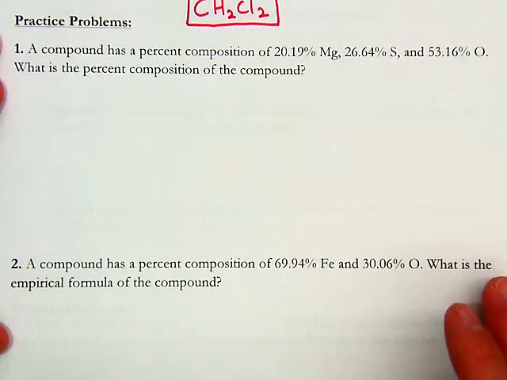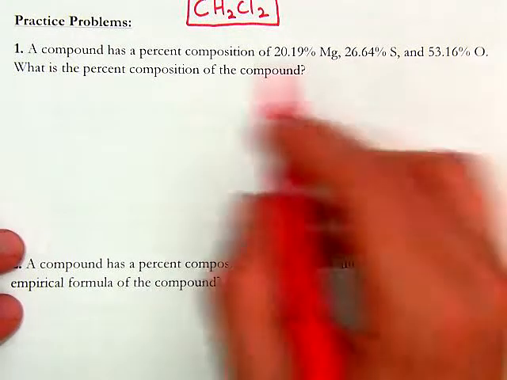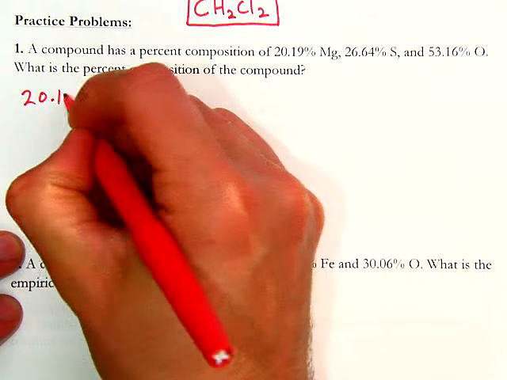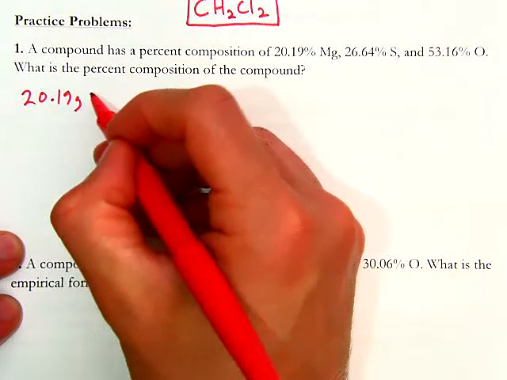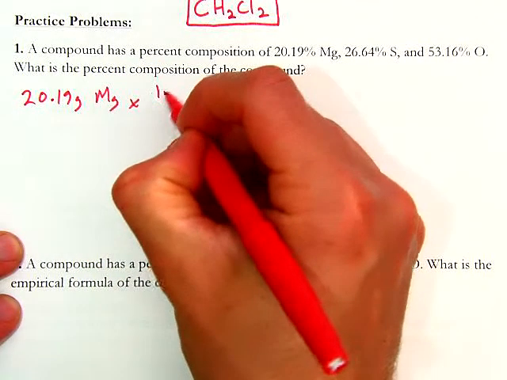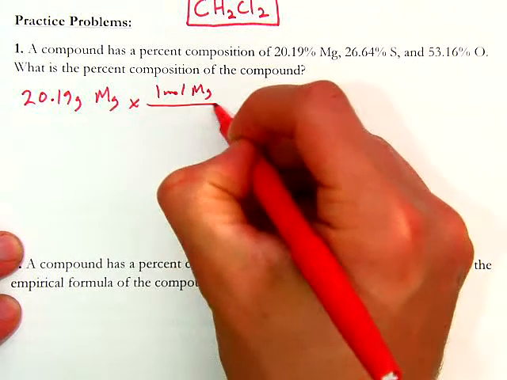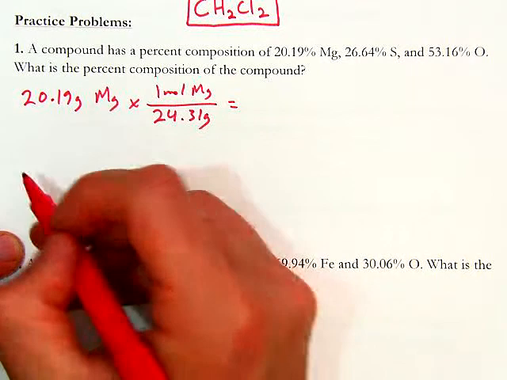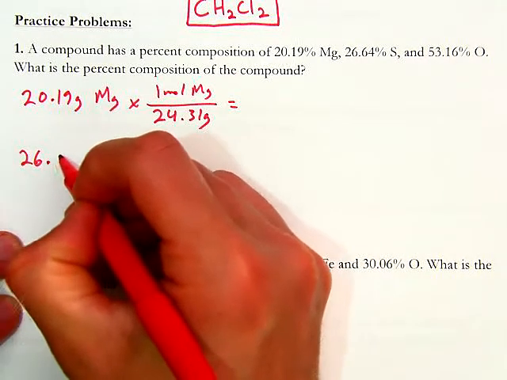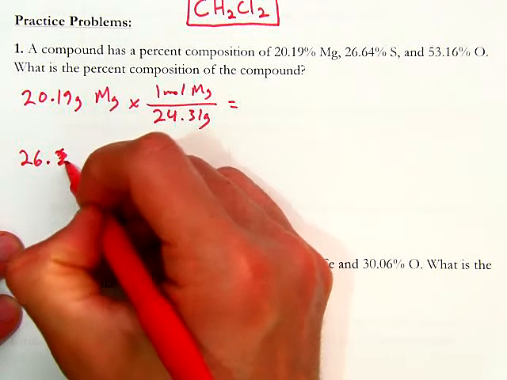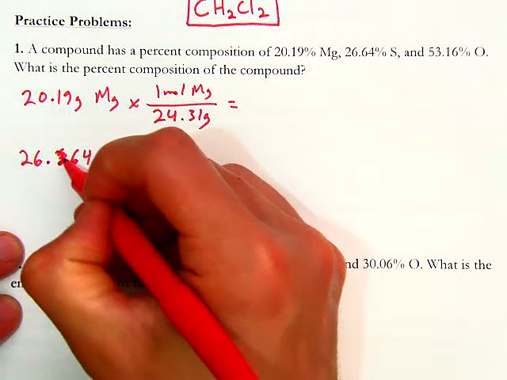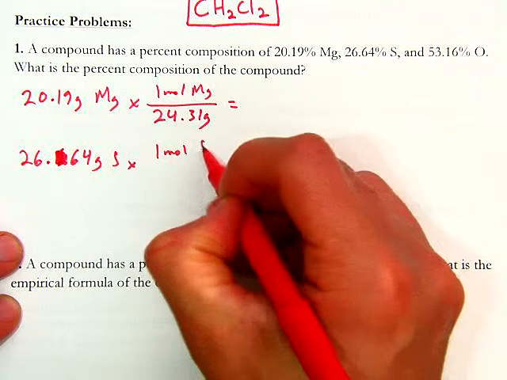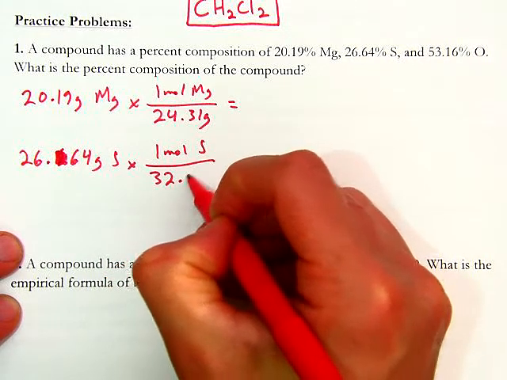So again, we have percent composition. The first thing we're going to do is turn them into grams. So we have 20.19 grams of magnesium. 1 mole of magnesium is 24.31 grams. I just looked on the periodic table for that. 26.64 grams of sulfur. 1 mole of sulfur is 32.07 grams.